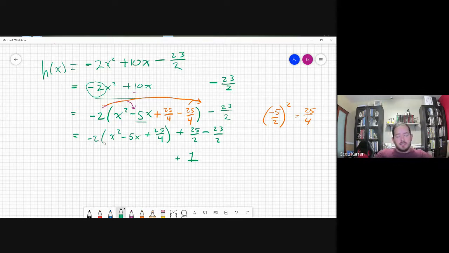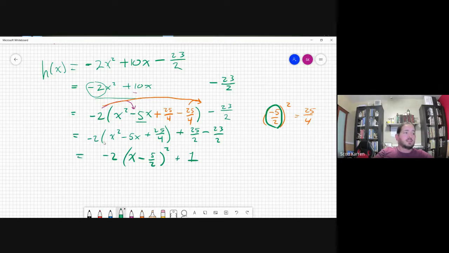On the inside of the parentheses, though, that's a nice little perfect square. It's not beautiful, right? But this number before we square it is always going to be the number on the right-hand side of the square. And then, of course, I have that minus 2.